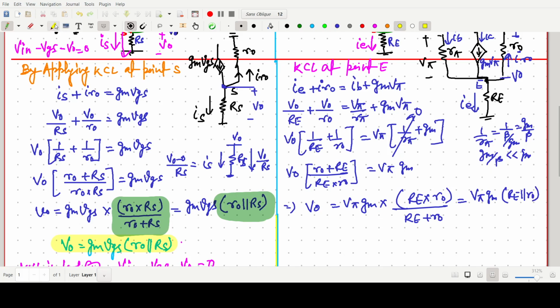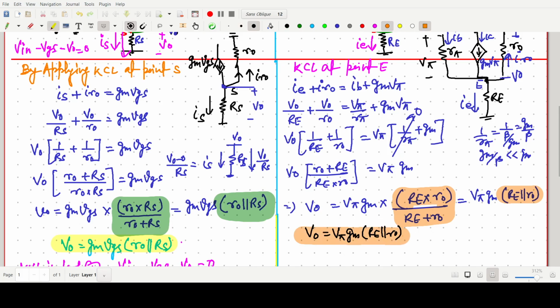This is very simple. So overall, V naught we have found: V naught equals V pi gm RE parallel to R naught. Very similar to this one, gm V pi, RE parallel with R naught.